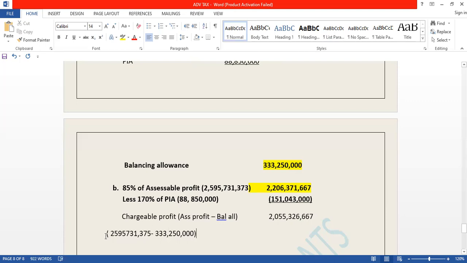So if we find the difference between these two, what do we get? 2595,731,375 minus 33,250,000 gives 2262,481,375.